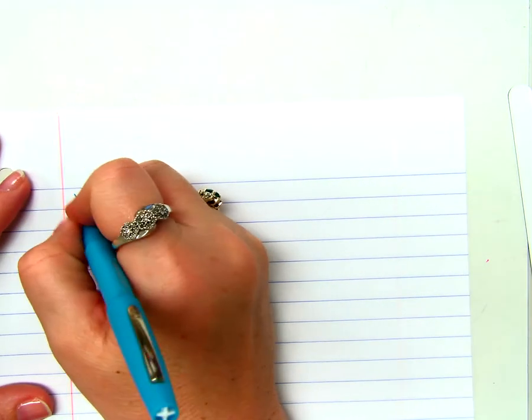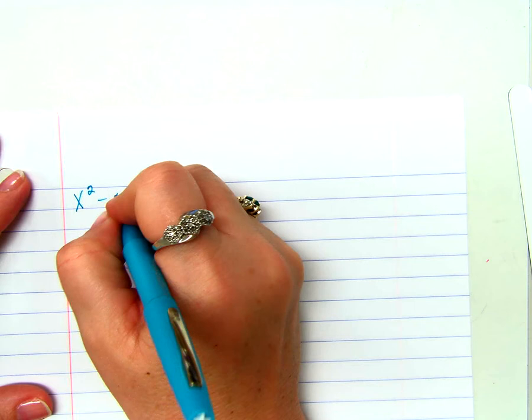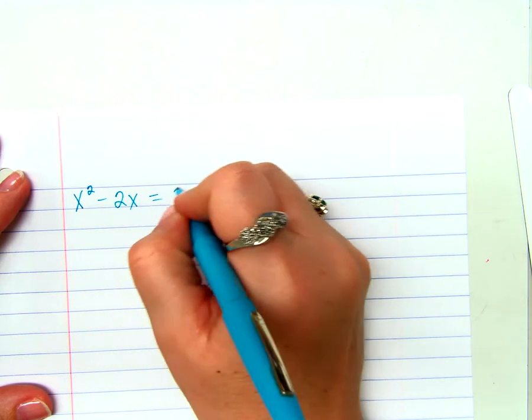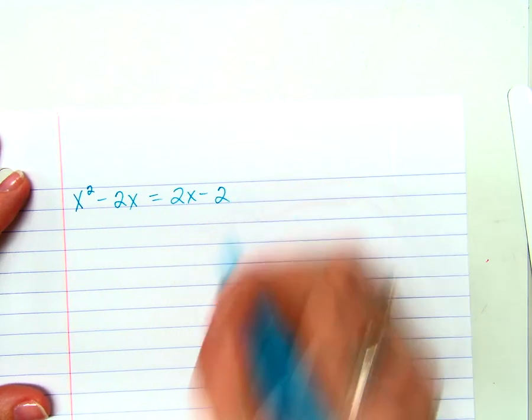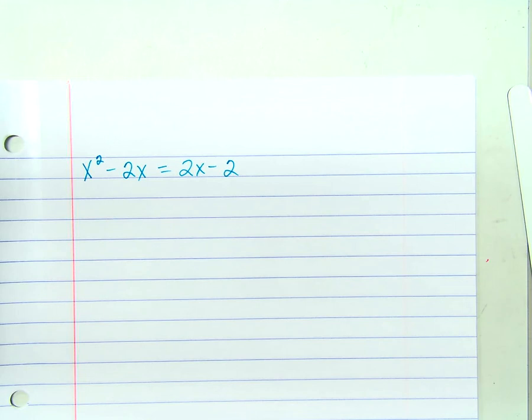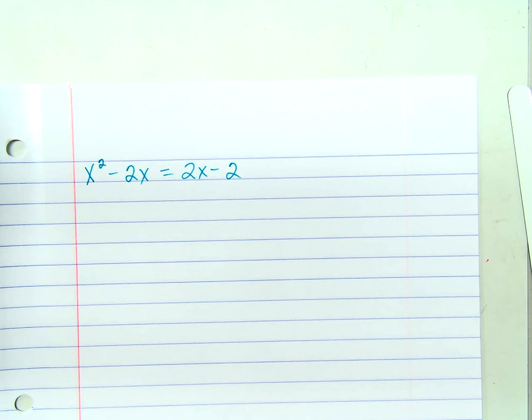So please look at problem number 2. X squared minus 2x equals 2x minus 2. So according to my rules and according to logic, what should I do first? Get it equal to 0. Okay? So which way do I want to move? Does it matter?